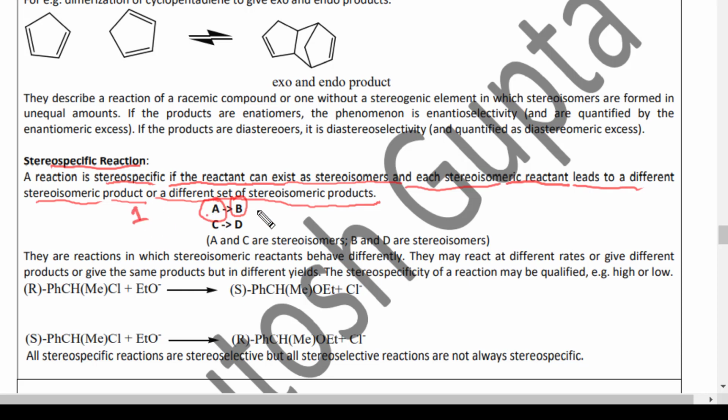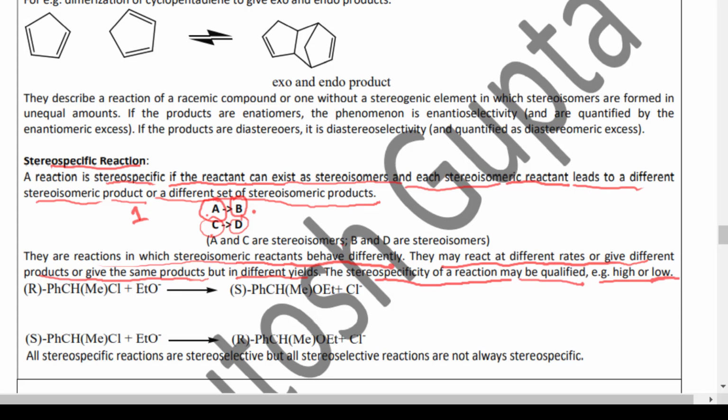Say from A we get B, and from C we get D. Here A and C are stereoisomers and also B and D are stereoisomers. So these are reactions in which stereoisomeric reactants behave differently. They may react at different rates, give different products, or give the same product but in different yields. The stereospecificity of a reaction may be qualified as high or low.